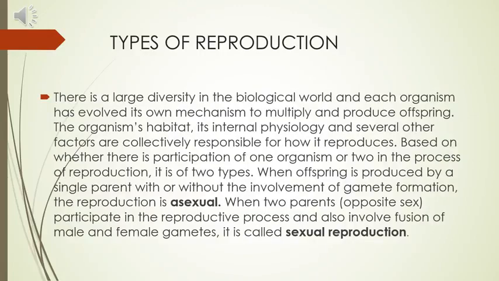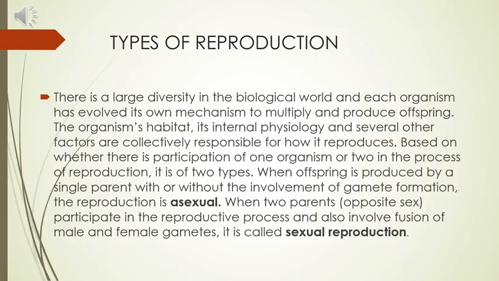Okay, types of reproduction. If you look around yourself, you will see a variety of organisms. Some are similar to their parents, some are a little bit different, some are more different. How is it possible? Now you know by this chapter that the forming of the current new generation is just by this process. So how are organisms, generation to generation, different from each other?